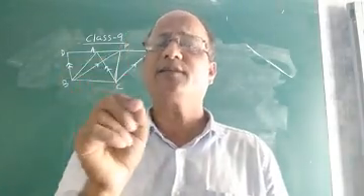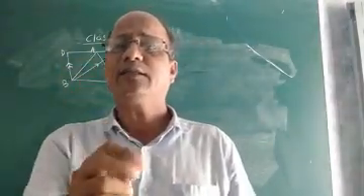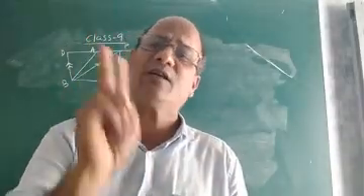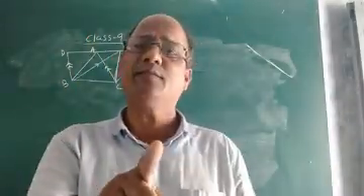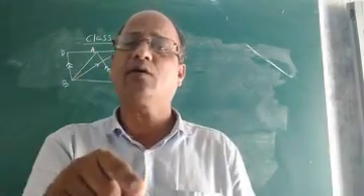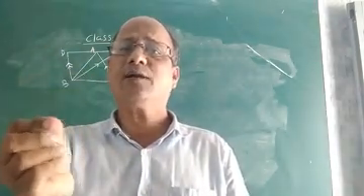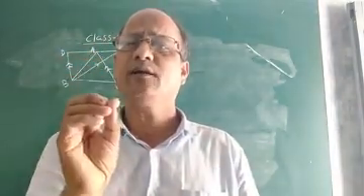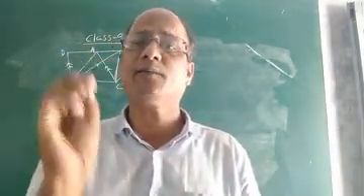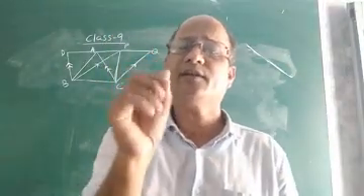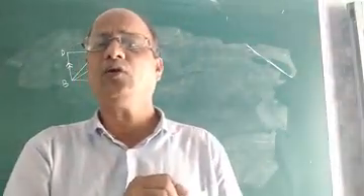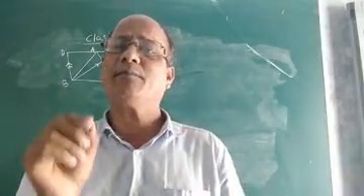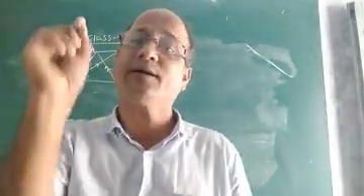So in simple language, children, we can say that if two parallelograms stand on the same base and their area is the same, then their altitudes will be equal. You can easily prove this by using the formula for area of parallelogram that I discussed yesterday. Children, you know what the formula for area of parallelogram is? We calculate the area of a parallelogram by using the formula base into corresponding altitude.